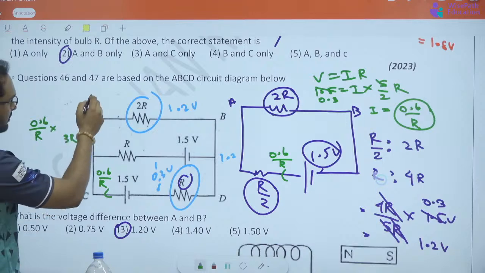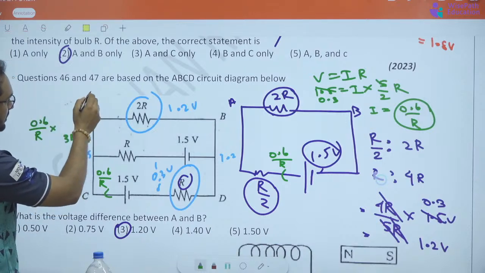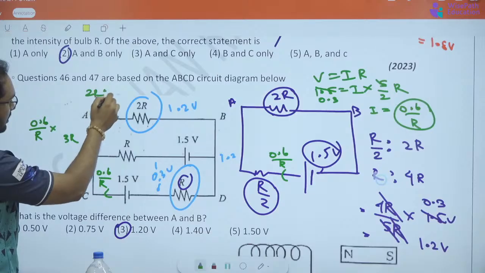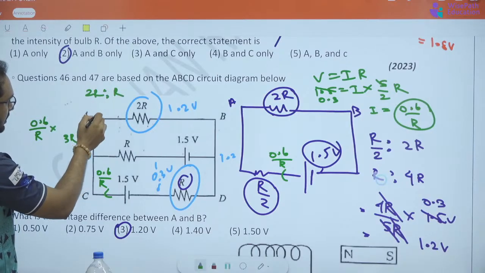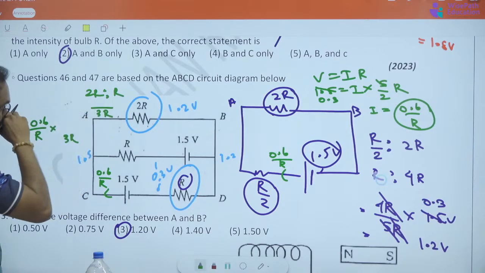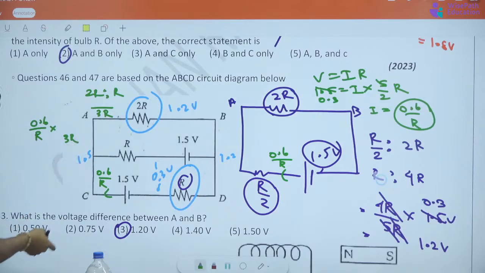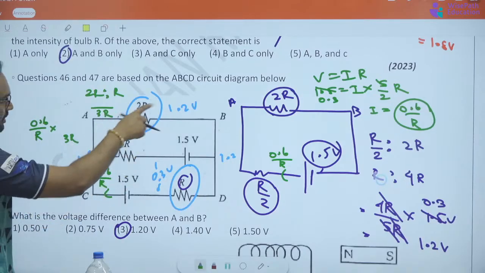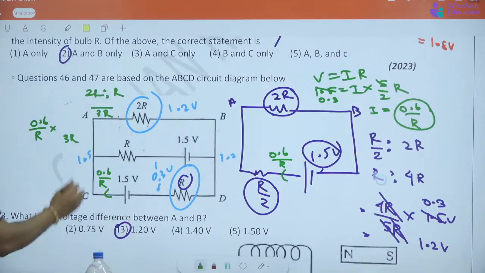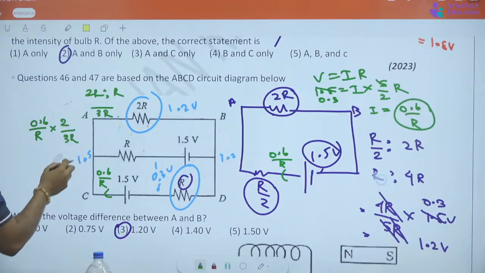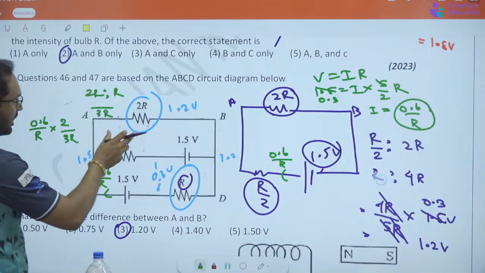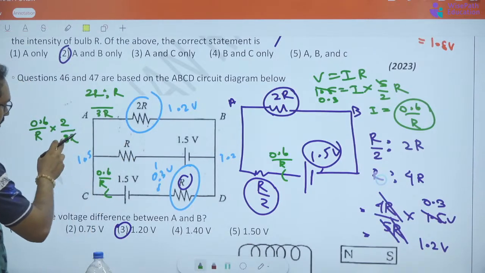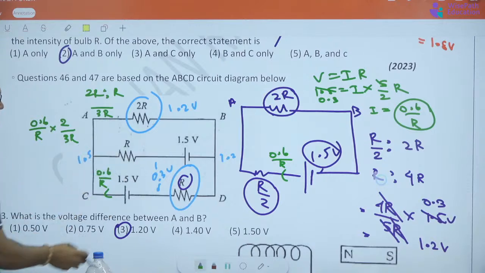The ratio of these resistors is 2R and R. So the total is 3R, and 2 out of 3 and 1 out of 3 will be flowing in the two resistors. 2 out of 3 will be running through the smaller resistance and 1 out of 3 through the larger.